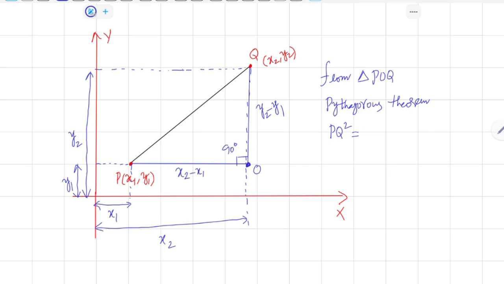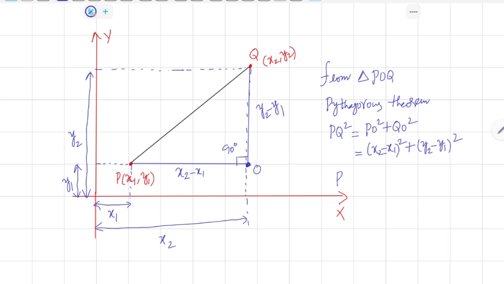So it is PO square plus QO square. Now what is PO? We can clearly observe it as x2 minus x1. And what is QO? It is y2 minus y1, and it is also squared.